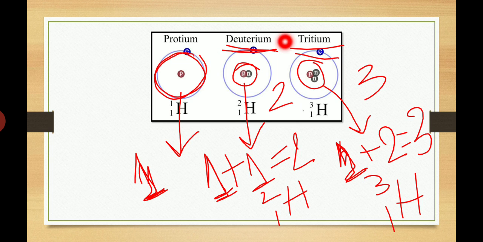Next is deuterium having 1 extra neutron, so 1 plus 1 making it 2. Du stands for 2. And the last is tritium. Tritium means it has 2 extra neutrons. 1 plus 2, 3. That means overall it has 3 neutrons. And tri stands for 3. So it is known as tritium. So these are the examples of the isotopes of hydrogen. Clear?